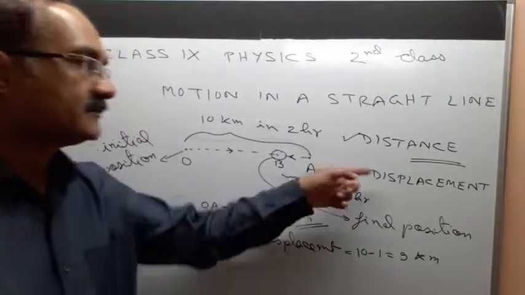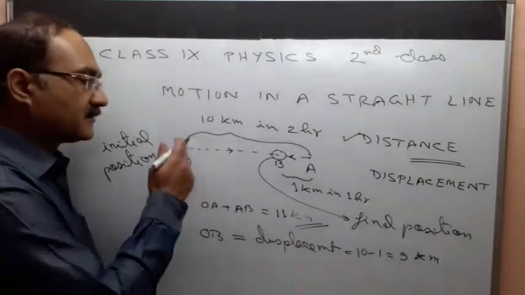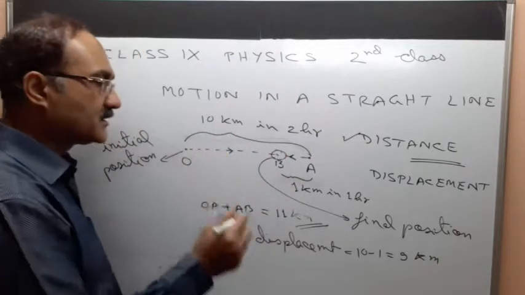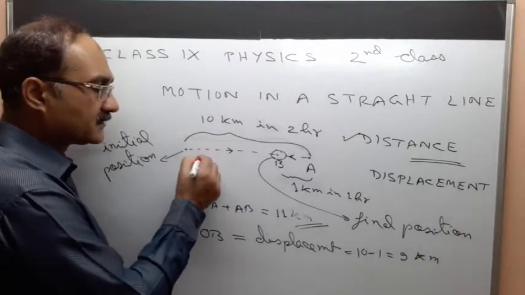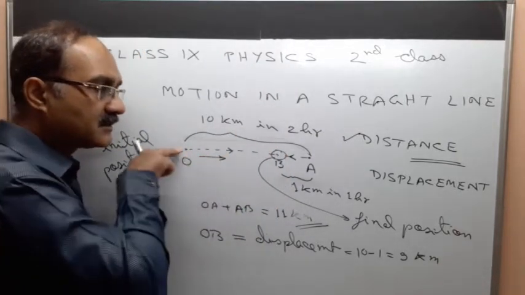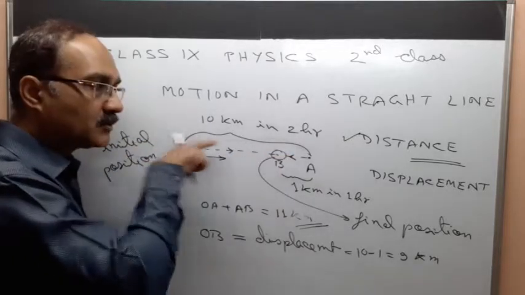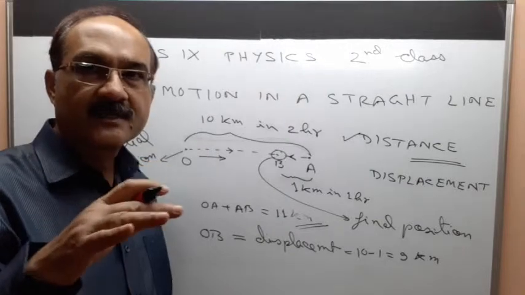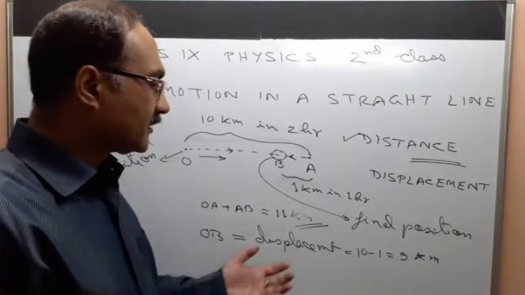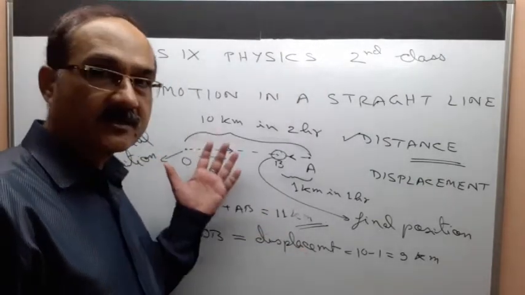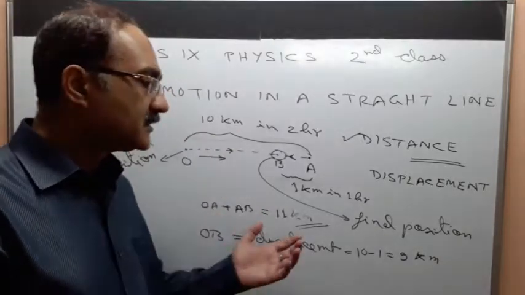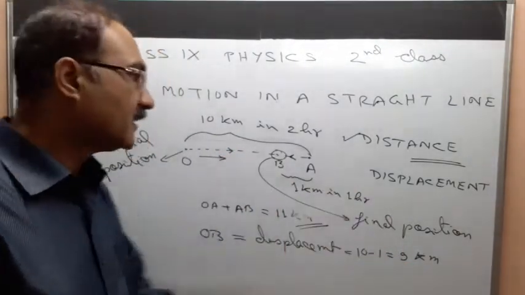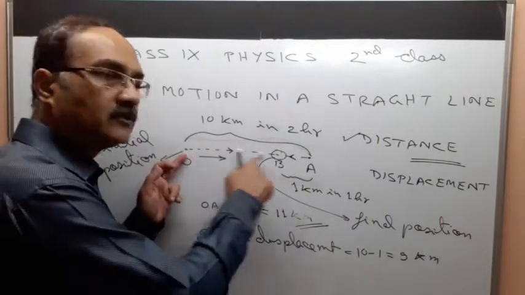The direction of this displacement is from the initial position to the final position. So that means here the direction of the displacement is in this direction, from O to B. Clear? If we have to say completely about displacement in this situation, we will say the displacement of this body is 9 km in the direction of O to B.